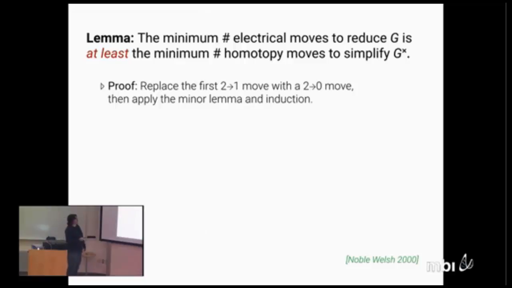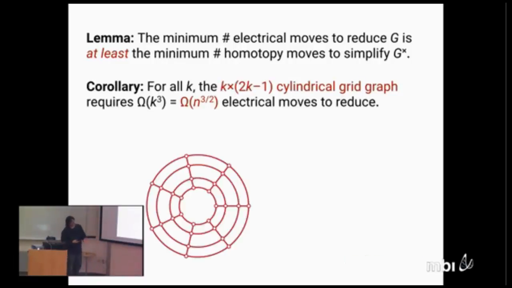Okay. So this means that the lower bound that we proved for homotopy moves immediately gives us an n^{3/2} lower bound for electrical moves. In particular, for the anti-medial graph, the Tait graph of the flat torus knot is a cylindrical grid.